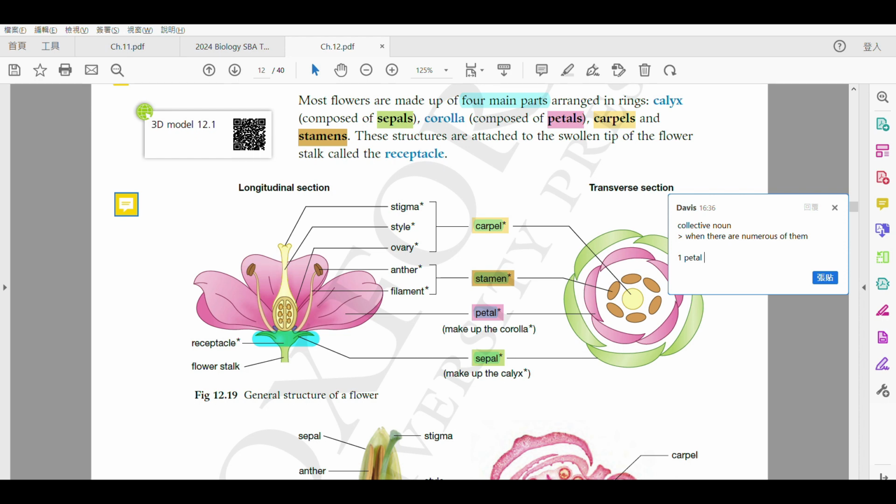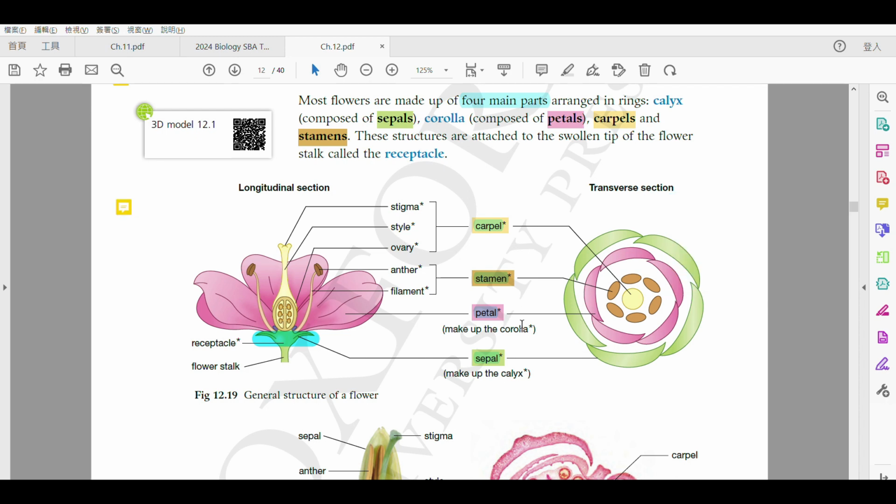Very easy. However, when I want to say that they are in a circle, arranged like several petals put together, we call it the corolla.